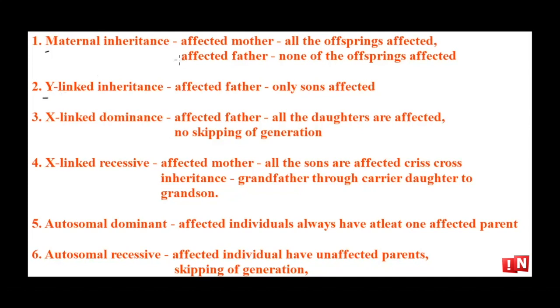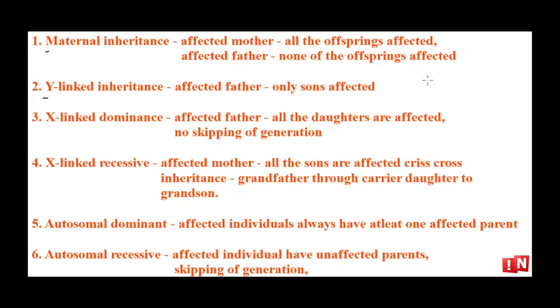If nothing, just rule that out. If it is maternal, you saw that an affected mother will have all the offspring affected, but an affected father will have none of the offspring affected, because we are talking about maternal inheritance. And if it is Y-linked inheritance, an affected father will have only affected sons. Means, in short, in a pedigree you will see only affected males. No female will be affected whatsoever.